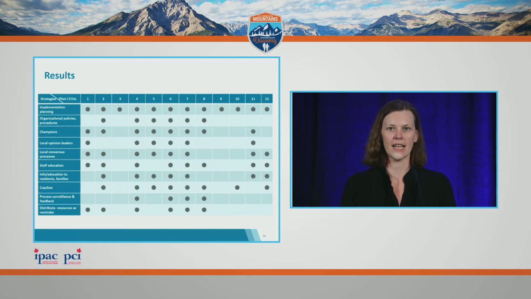So it didn't end up being that everybody did everything, but the average level of adherence, or the average level of strategies implemented, was 6 out of the 9. And we found that the strategy around process surveillance and feedback was the one that was not executed fully or not fully understood. So we knew we had to go back and do some more work on that area.